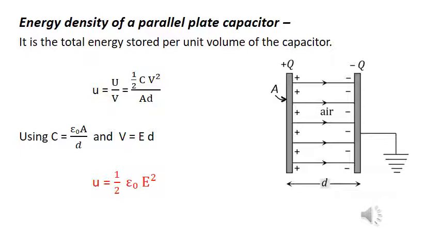By putting the value of C is equal to epsilon naught A by D and V is equal to E into D, we get the energy density u is equal to half epsilon naught into E square. This expression will be used later in the chapter electromagnetic wave. So remember this expression.